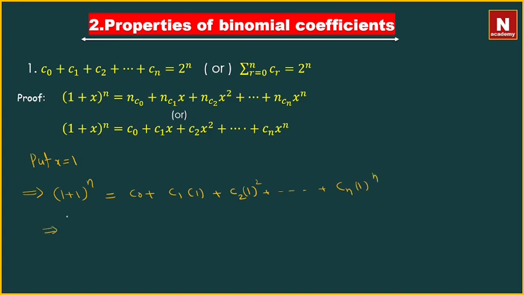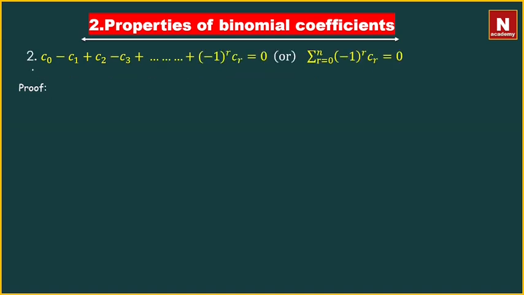That implies 2 power n equals C0 plus C1 plus C2 plus so on Cn. This is the formula, the first property. Therefore, C0 plus C1 plus C2 plus so on Cn equals 2 power n.